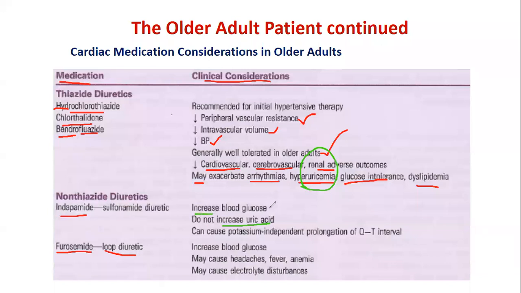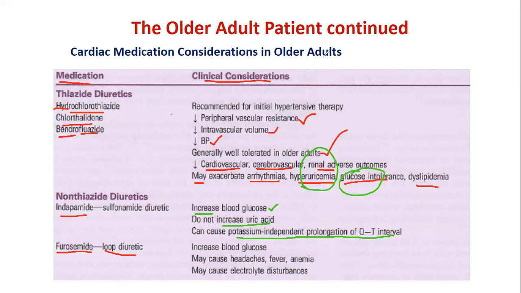But it increases the blood glucose level like this, and can cause potassium-independent prolonged QT intervals like ACE inhibitor. Also can increase hyperkalemia or QT interval prolongation.